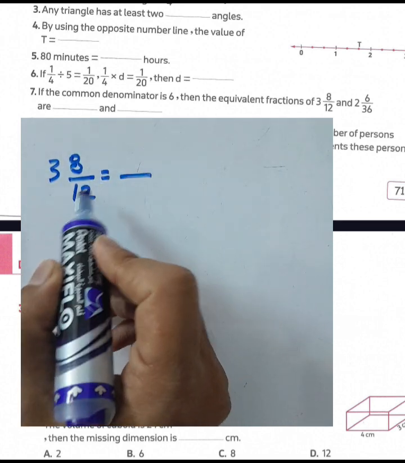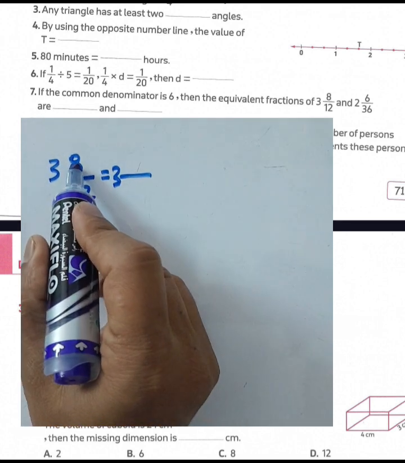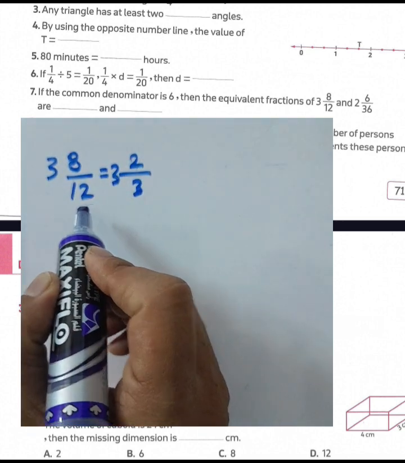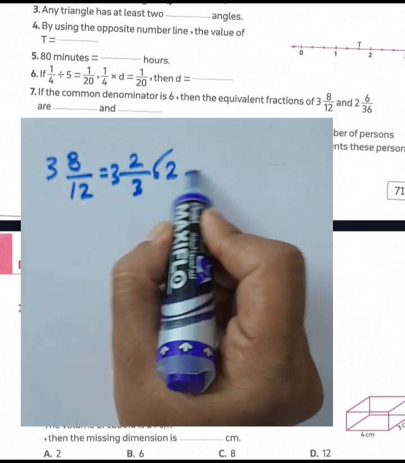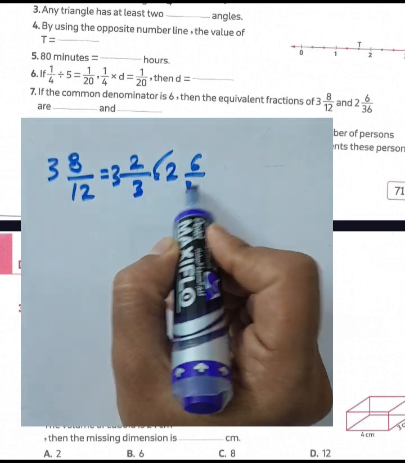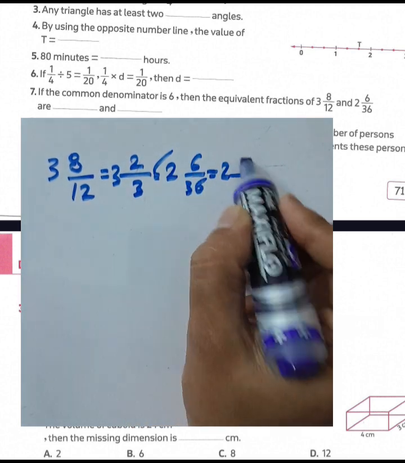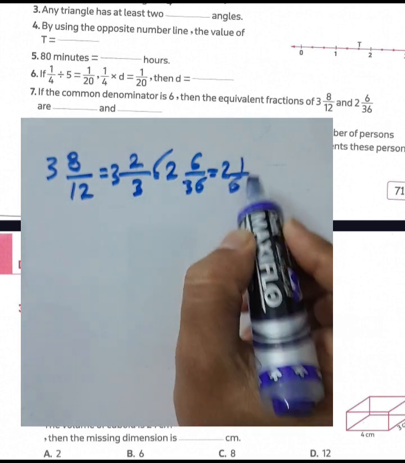You can simplify this fraction by dividing by 4, numerator and denominator. 8 divided by 4 equals 2, and 12 divided by 4 equals 3. And the next number here, 2 and 6 over 36, you can simplify it by dividing by 6, numerator and denominator. 6 divided by 6 is 1, 36 divided by 6 equals 6.